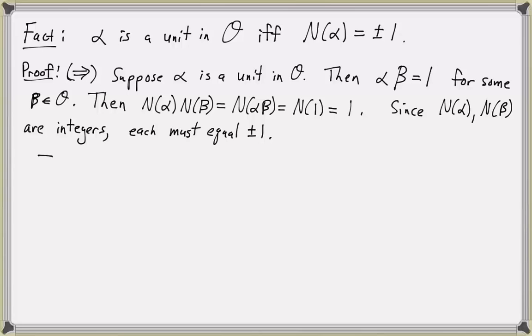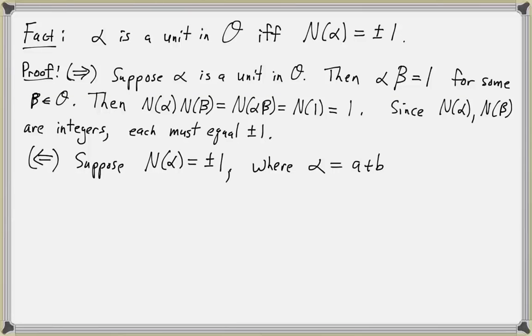Now conversely, let's suppose that the norm of alpha equals plus or minus 1, where we write alpha as a plus b omega.